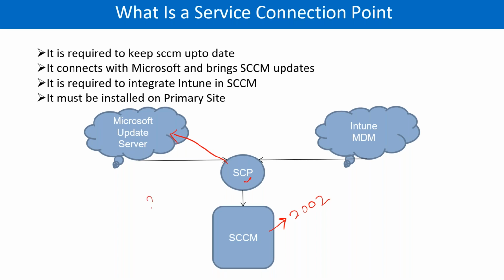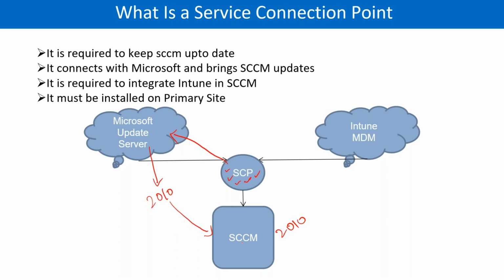So 2010 will be there, the latest one. Microsoft will give this file, and so your SCCM can get upgraded from 2002 to 2010, the latest one. So this will keep on checking with Microsoft. As and when the new update comes in, it will give notification to SCCM that new update is available.